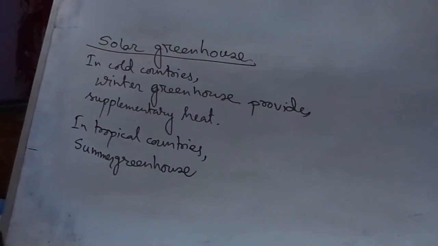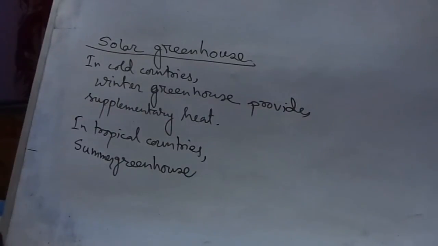A greenhouse designed to use solar energy to meet all these requirements is known as a solar greenhouse, if natural means are adopted to collect, store and distribute the energy inside.